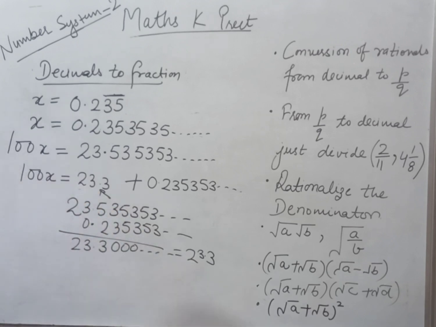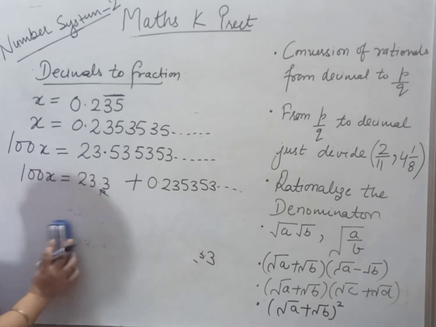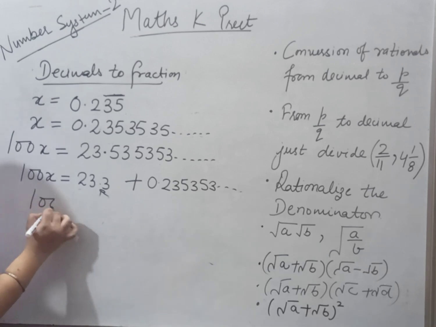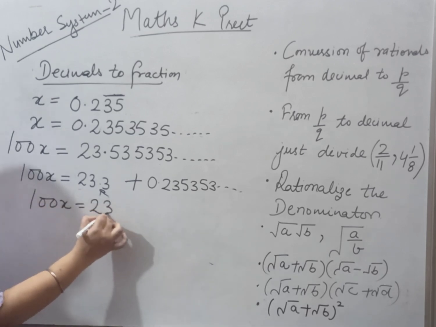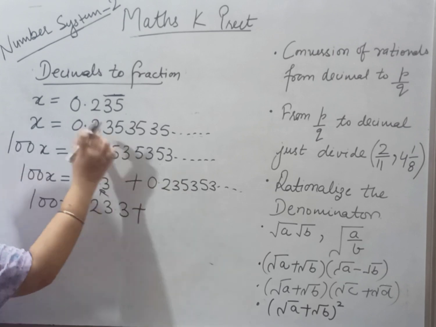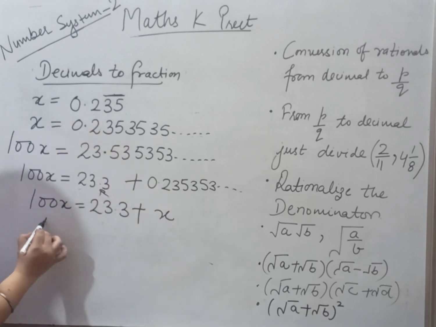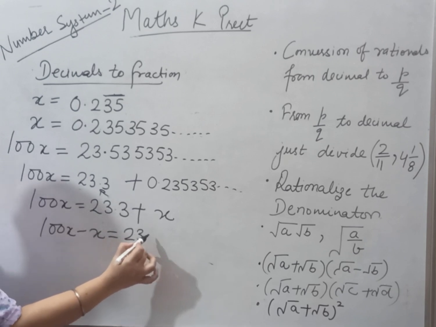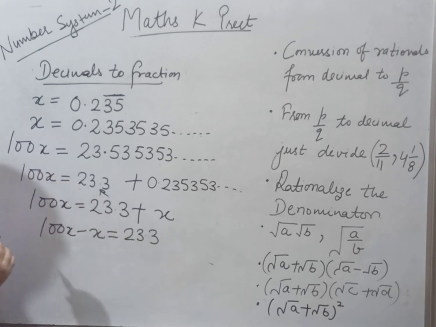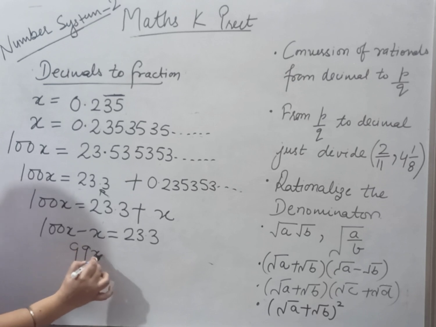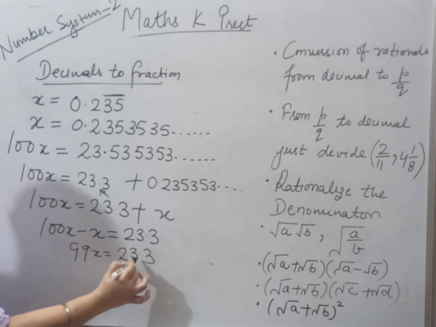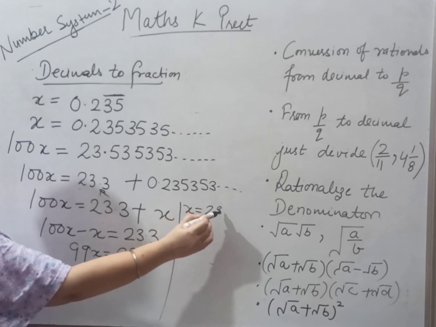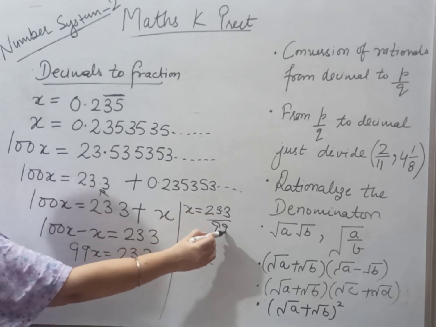This is the way we subtract. So 100x is equal to 23.3 plus x. I am taking x to the left hand side. It will convert x into negative x. So 99x is equal to 23.3.